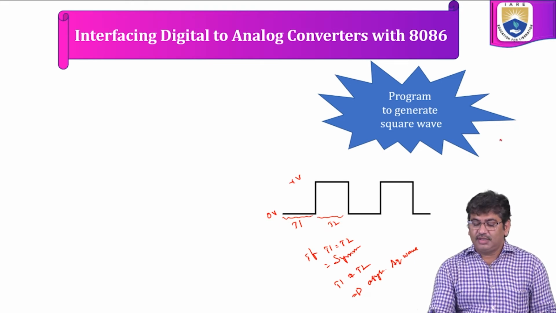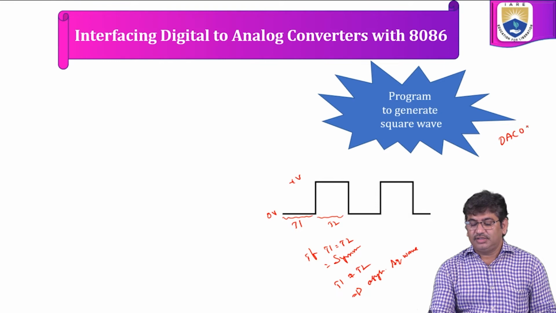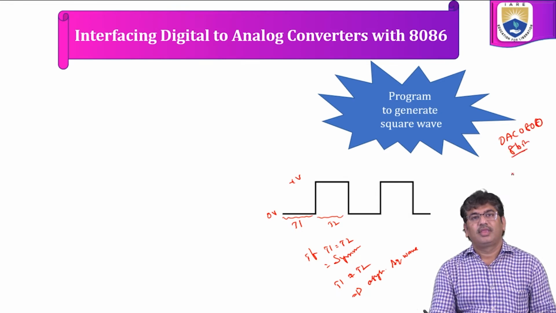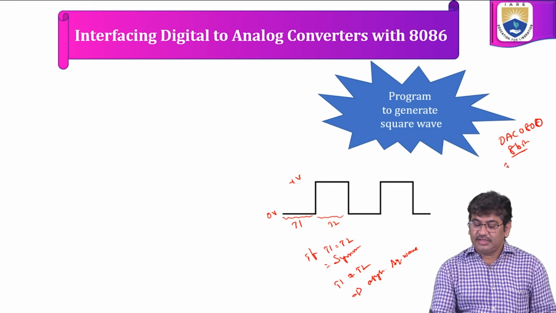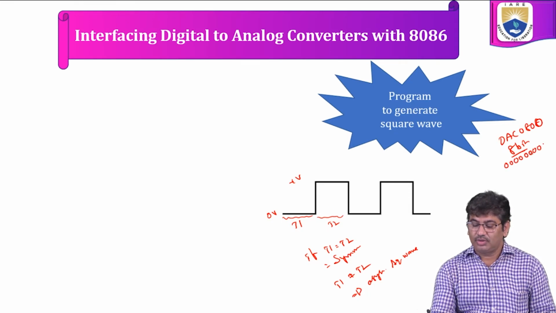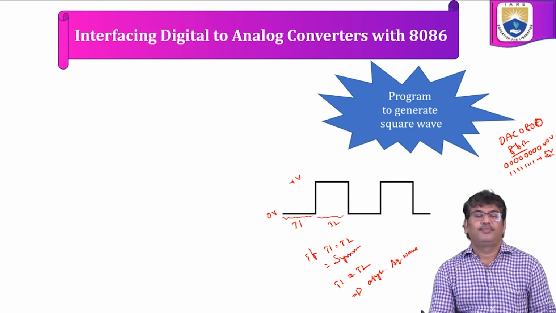As the DAC is an 8-bit DAC, for 0 volts I'll take the bit pattern as 00000000 and 11111111 for maximum voltage.